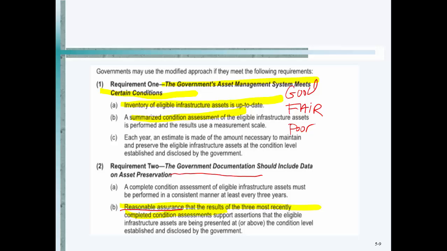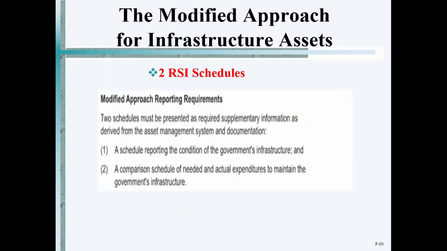Okay? Now, what I'm interested in, guys, is not the requirements for the modified approach. I could care less. I am interested in that you know what has to be reported if a government chooses the modified approach. And there are two. What's RSI? There are two required supplemental information schedules.